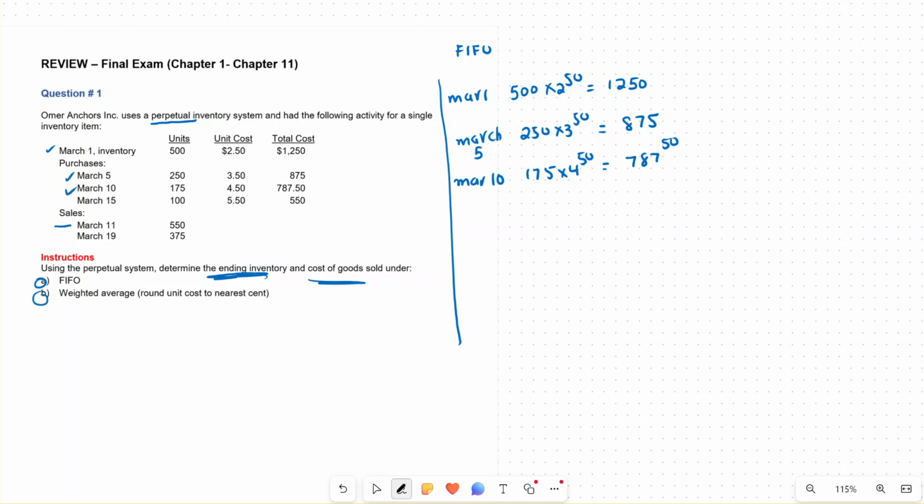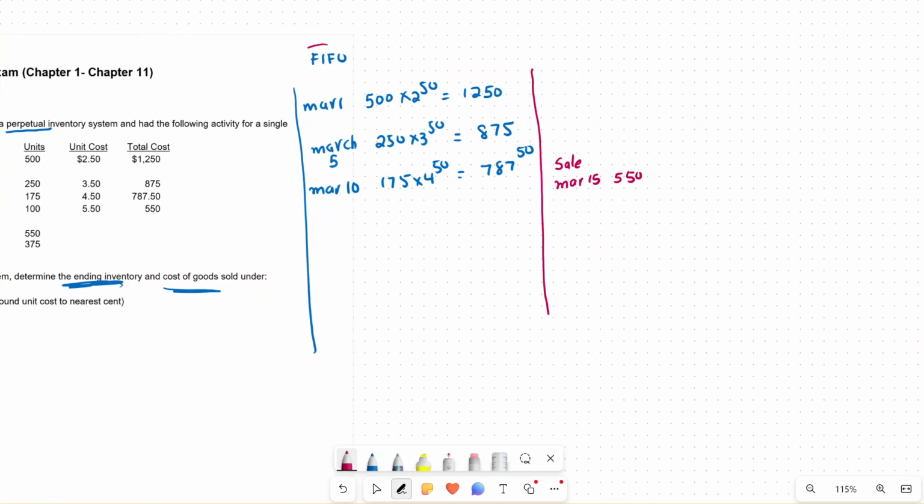My next date is when we sold. I'm just going to change the ink to show you how we do the sold part. This is my sale. When did the sale happen? March 15. How many units did we sell? 550 units. It's first in, first out, so I'm going to sell my first inventory of 500 units at $2.50.